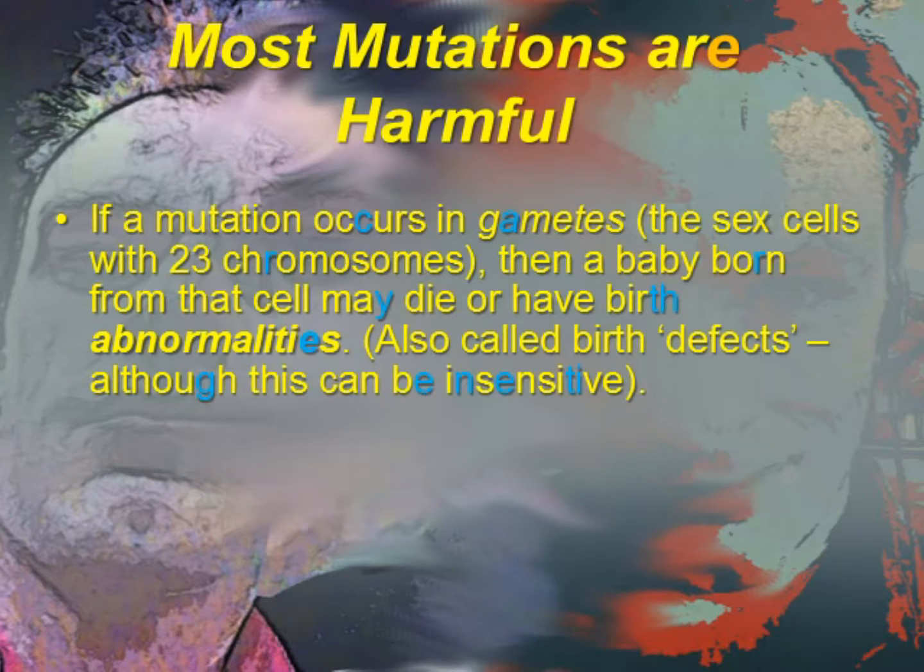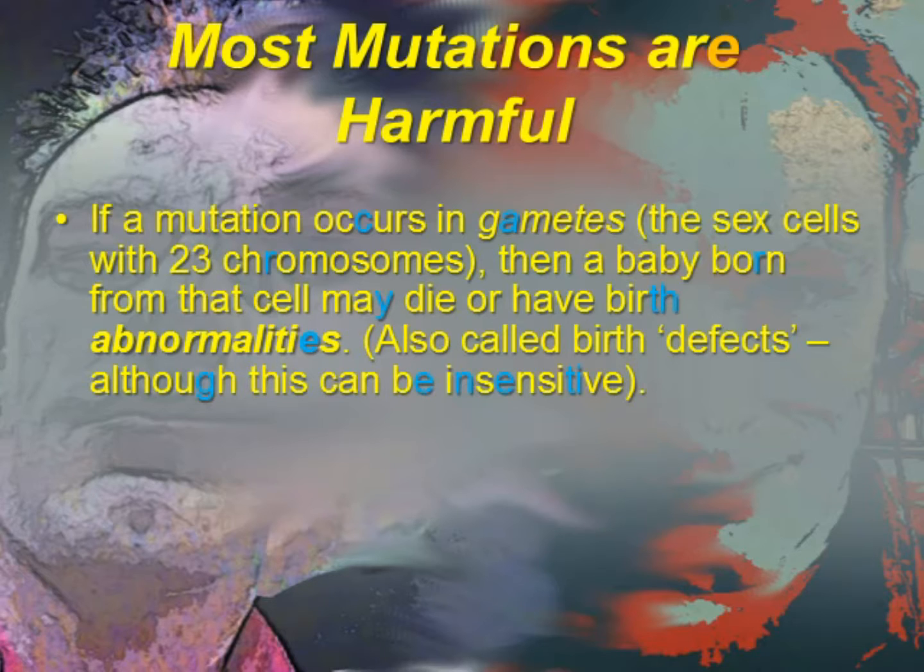If a mutation occurs in a gamete, then a baby born from that cell may have serious birth abnormalities. Just as an aside, you might also hear the term birth defects, which is still used, but when saying defect, you are implying there is something wrong with an object, or in this case, an organism.